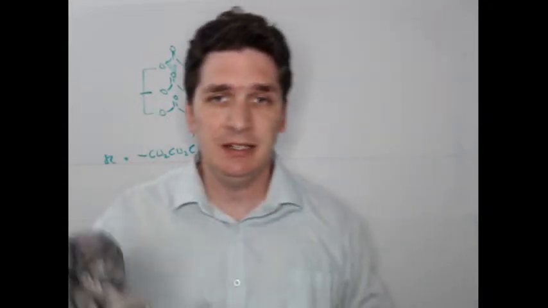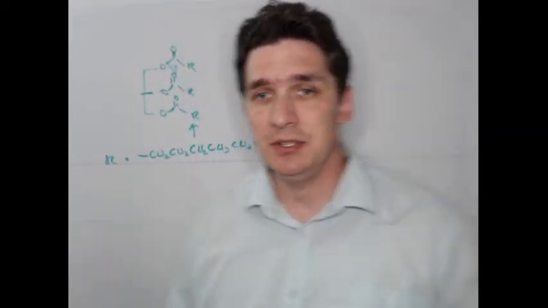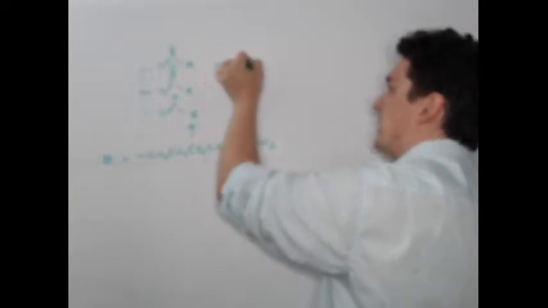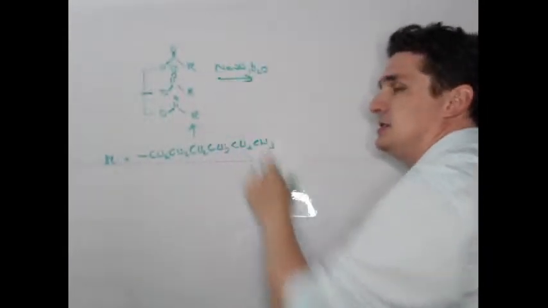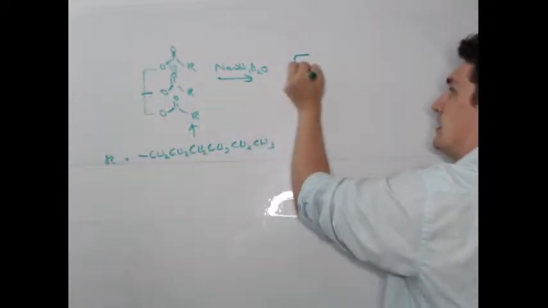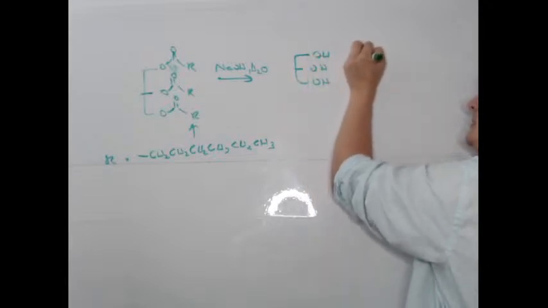It looks complicated just because it's all drawn out. But all this is going to do when it reacts with sodium hydroxide in H2O is hydrolyze those ester bonds to give you triglycerol and the carboxylate ion.